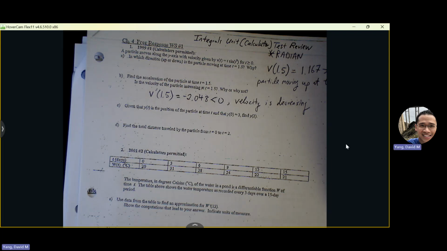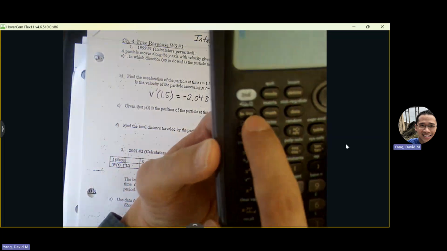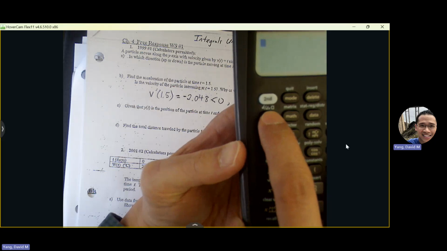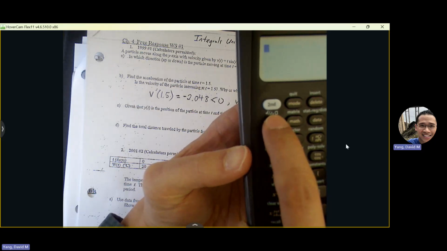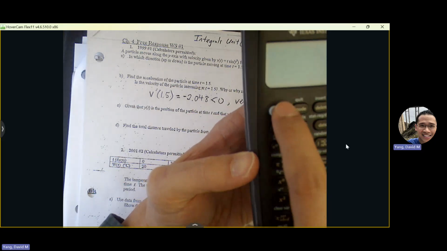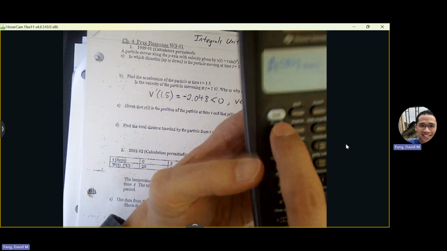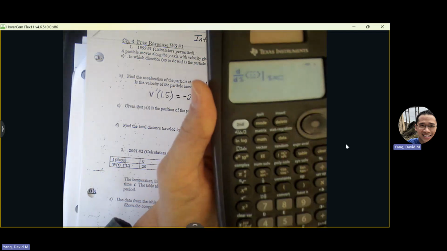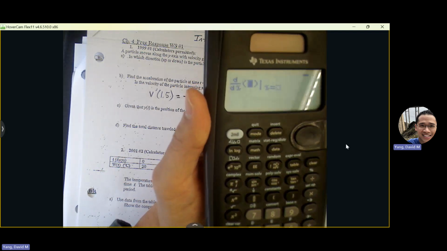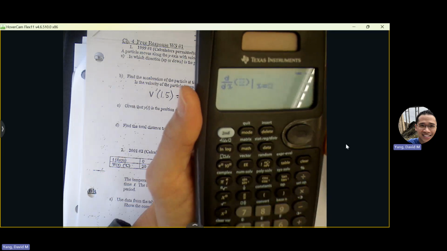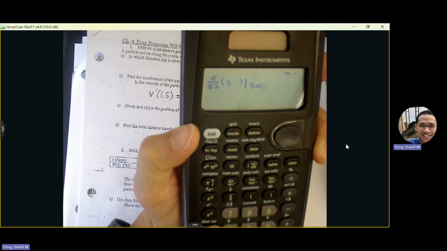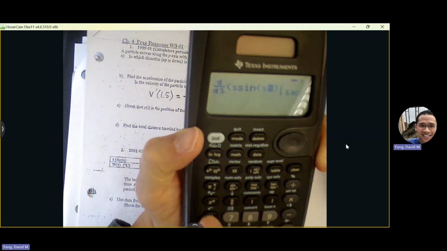Now on the 36 Pro here, there is a derivative notation. Do you see how there's that d over dx there in that blue above the ln? So if you do second ln, you're going to see a very similar notation. So here you can type in x sine x squared, where your x is down here next to your 4.